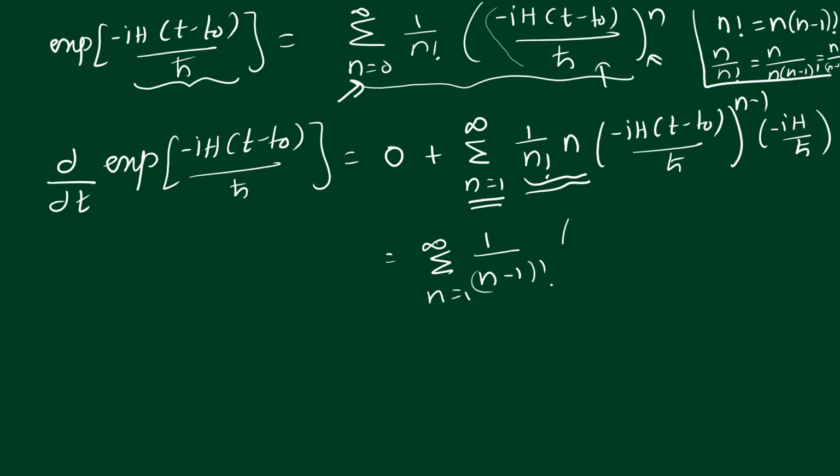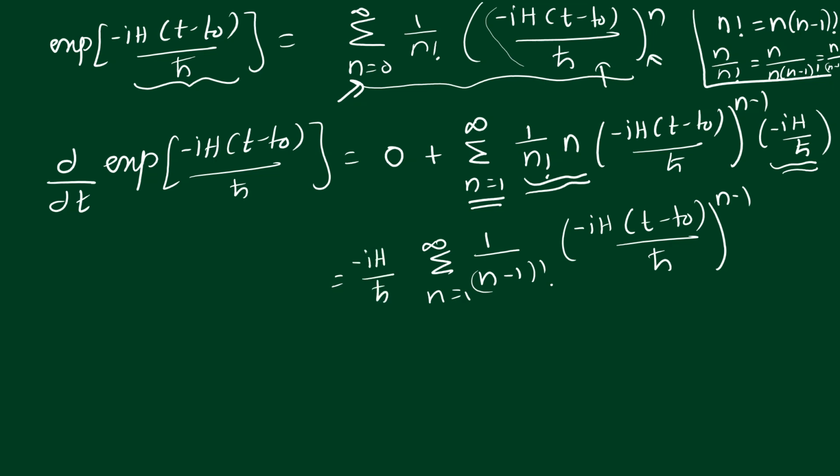Here also we have (minus i H (t minus t0) divided by h bar) whole raised to n minus 1, and we have minus i H divided by h bar. Since there is no n index, and since the Hamiltonian does not depend on time, we can just pull this out. So this becomes minus i H divided by h bar.